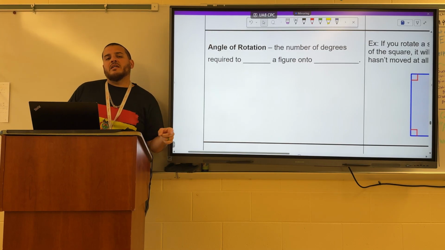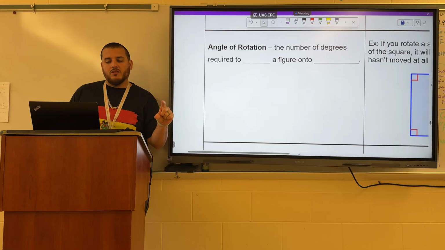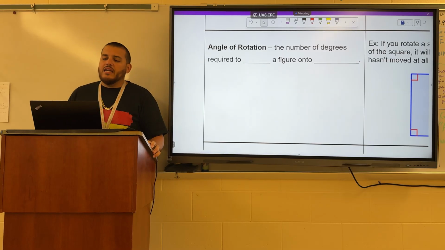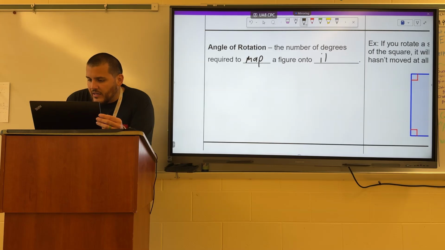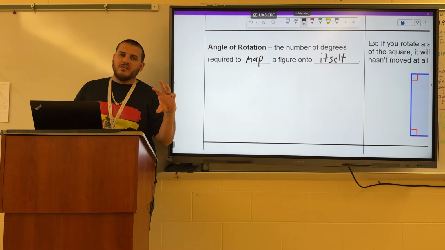So that amount of degrees that we have to rotate for the shape to look exactly the same again is called an angle of rotation. So that's the amount of degrees required to, the word we're going to use here is map a figure onto itself. That's really what happened when I rotated that square 90 degrees. I just mapped it.